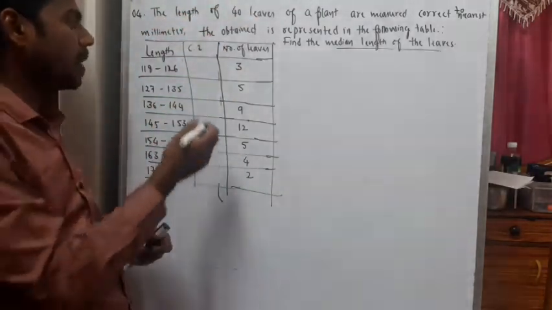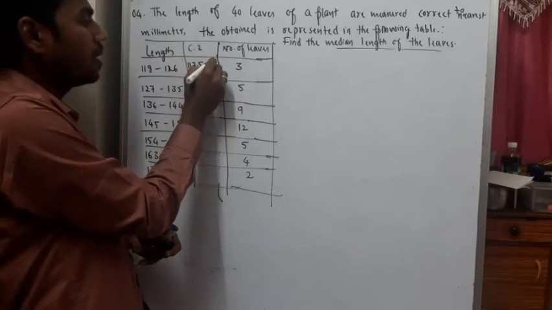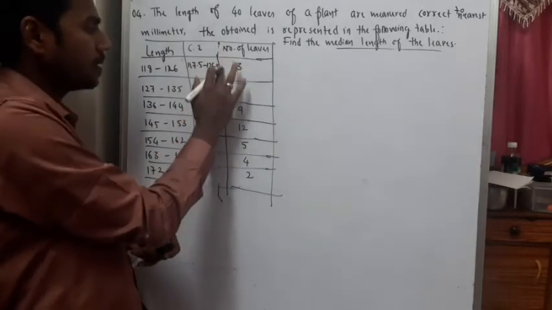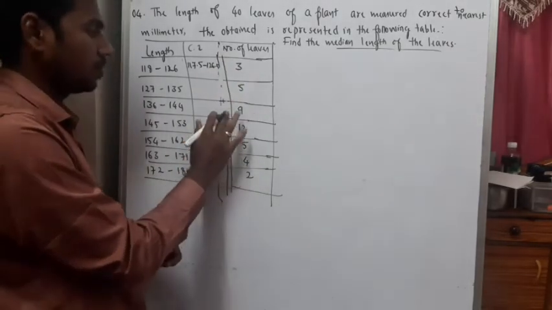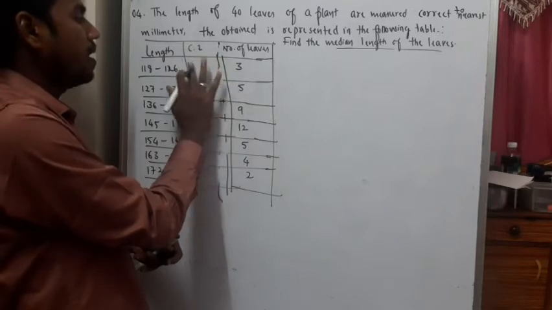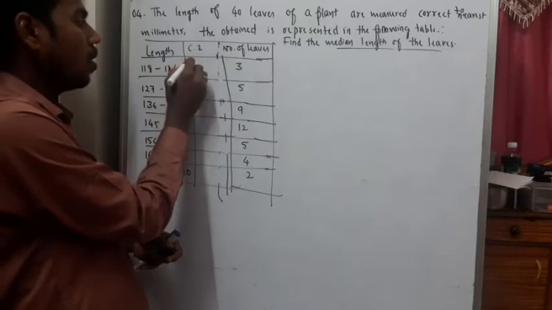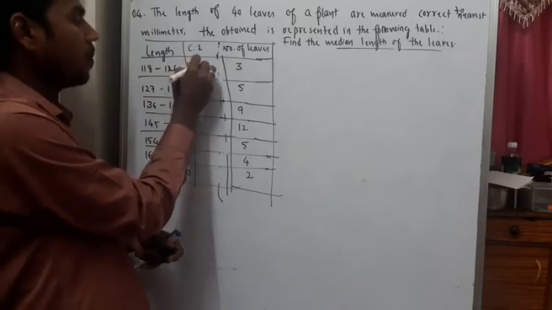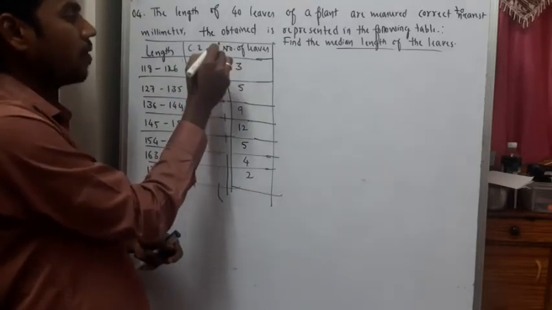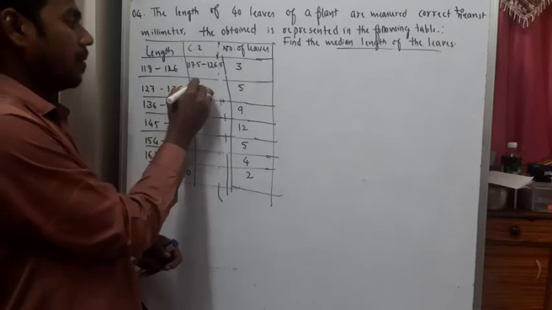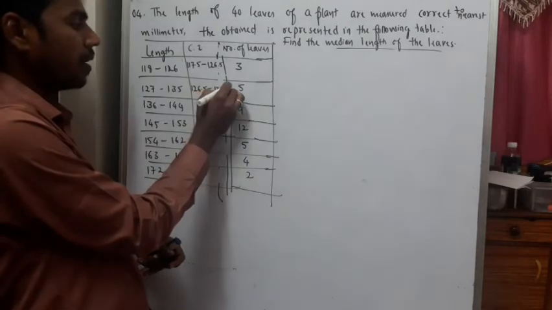So 118 minus 0.5 is 117.5, and 126 plus 0.5 is 126.5. So the first class is 117.5 to 126.5. Next, 126.5 to 135.5.